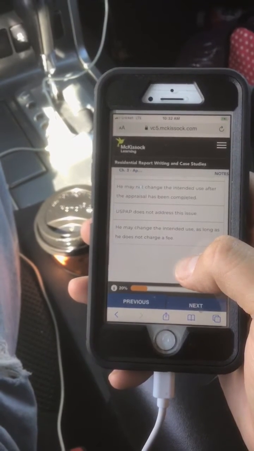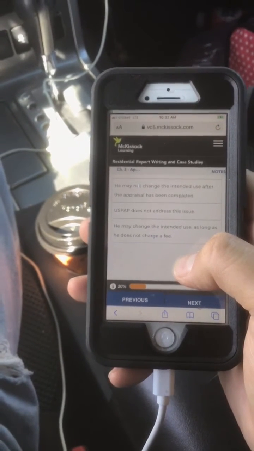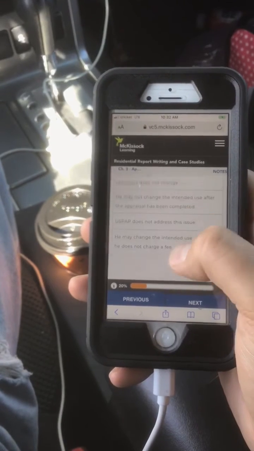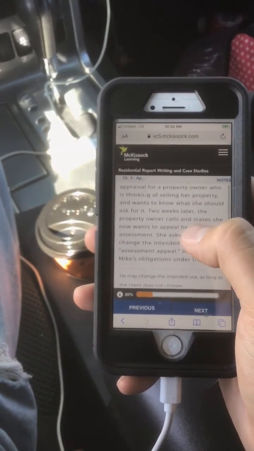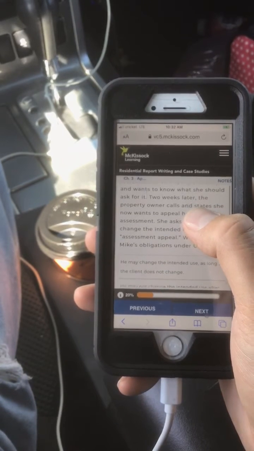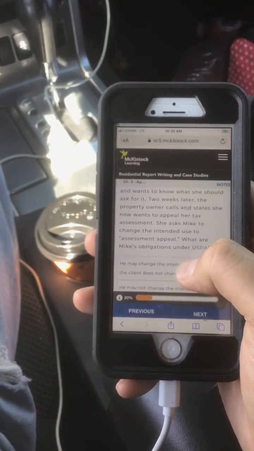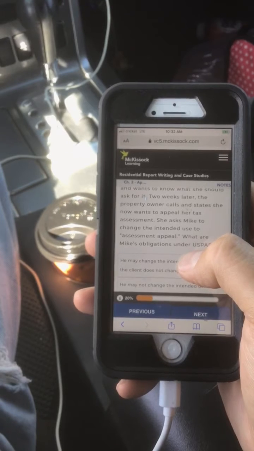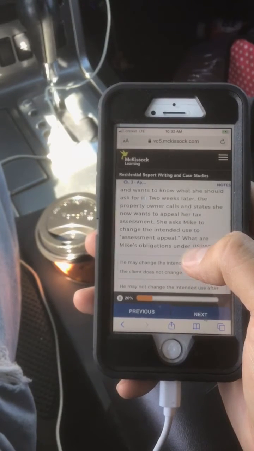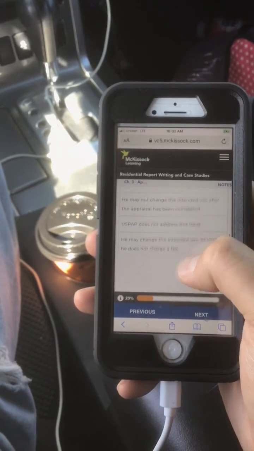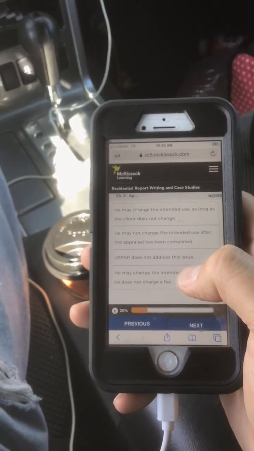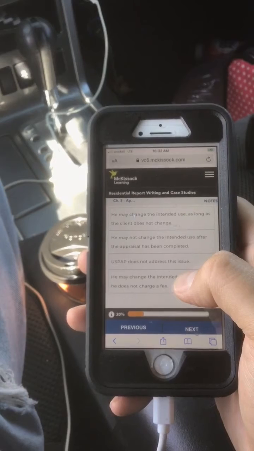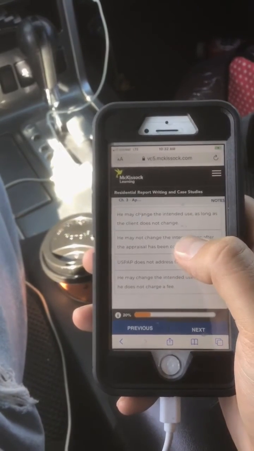Or D. He may change the intended use as long as he does not charge a fee. I'm going to go B.